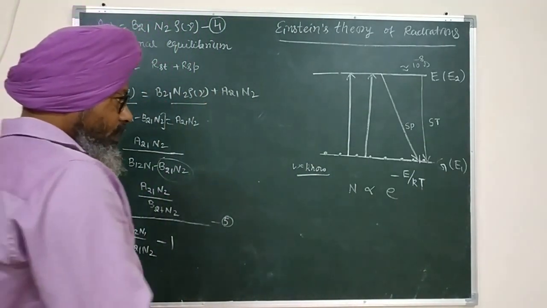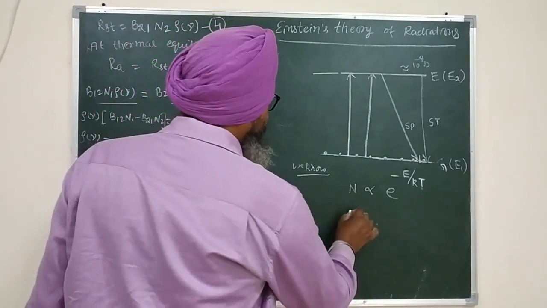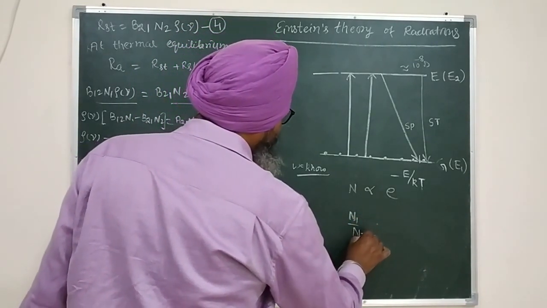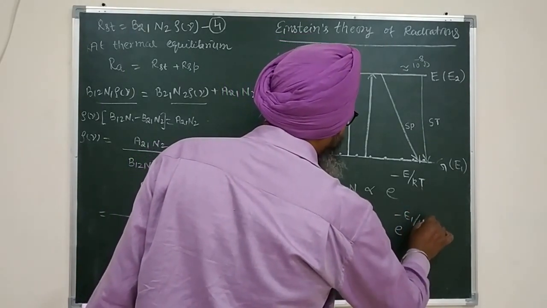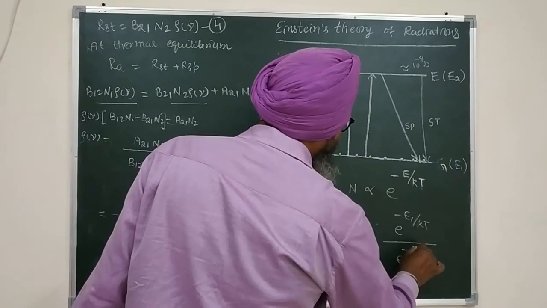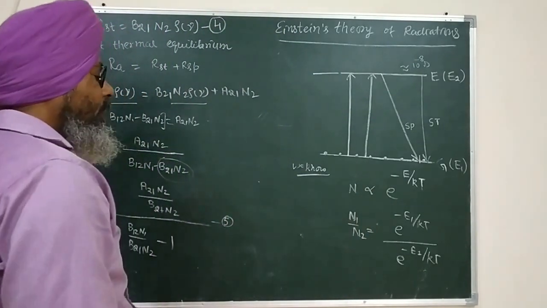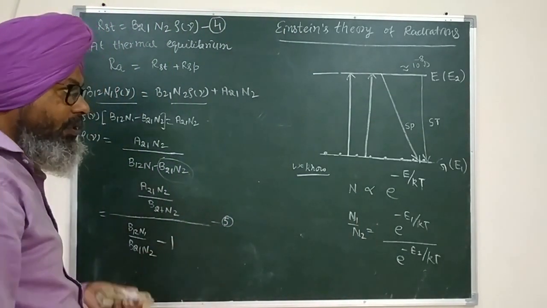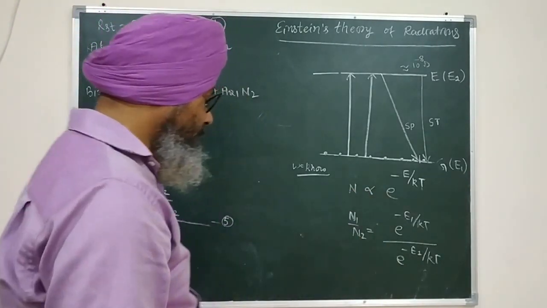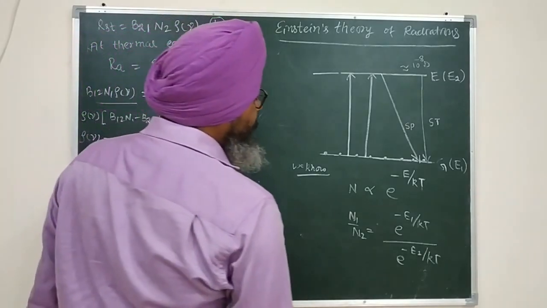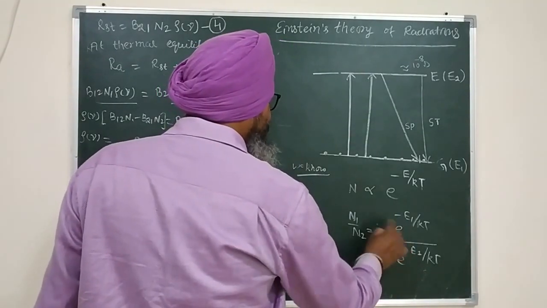So if this equation is assumed to be applicable here, then N1 upon N2 will become e raised to power minus E1 by KT upon e raised to power minus E2 by KT. The constant of proportionality which will come here will get cancelled out. I assume that both of the states E1 and E2 belong to the same material. In that case, this constant will be the same for both N1 and N2. So when it goes up, it will become plus E2.